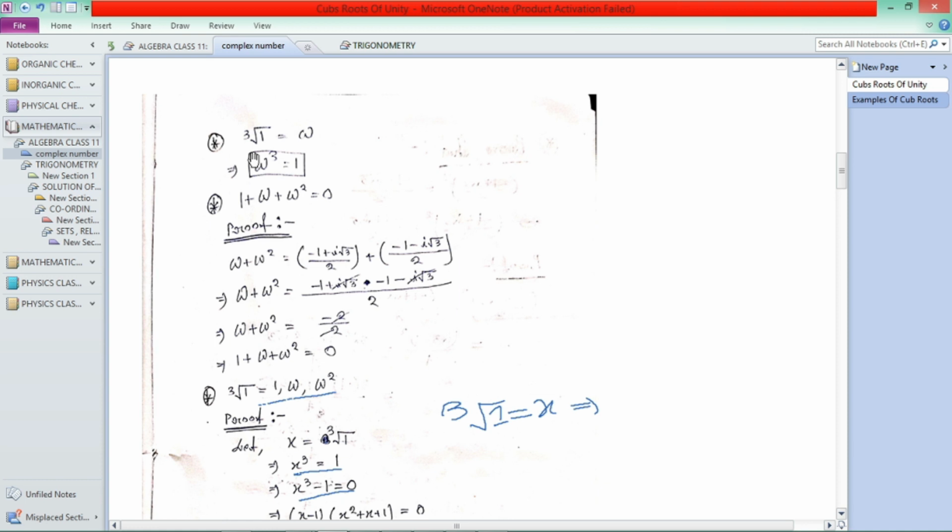And the cube root of 1 equals omega, and omega cube equals 1. These 3 values 1, omega and omega square add up to 0. Why?